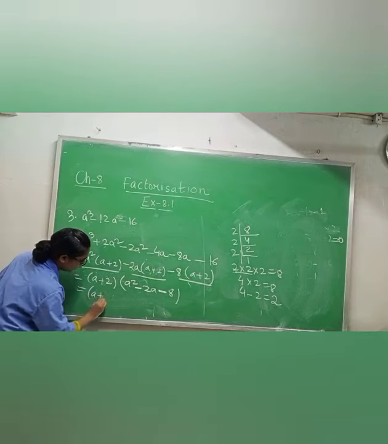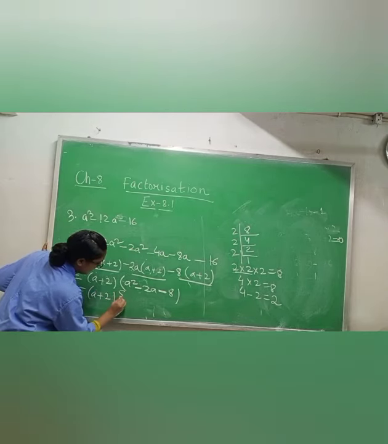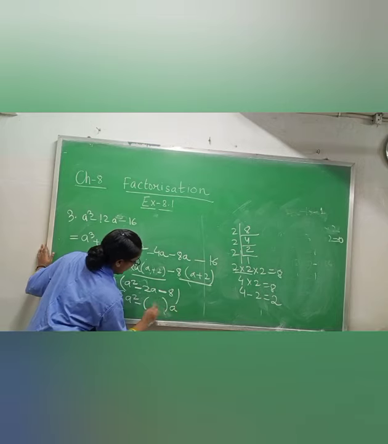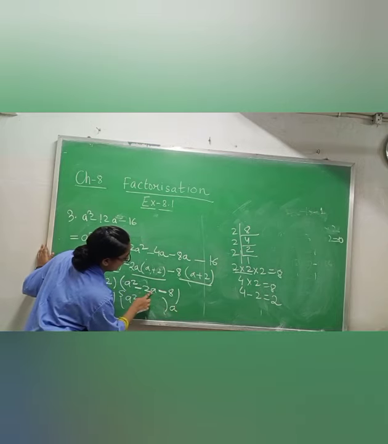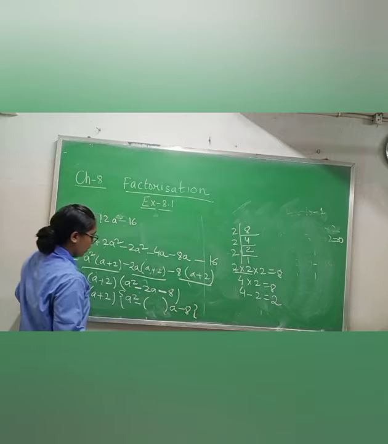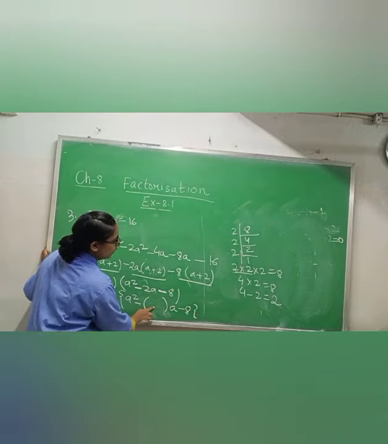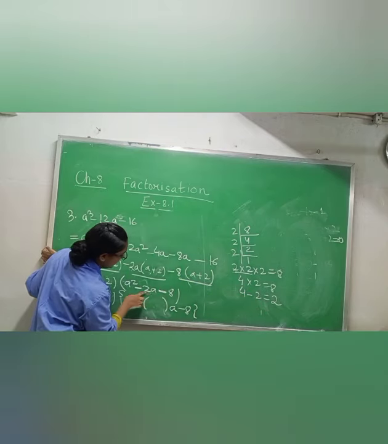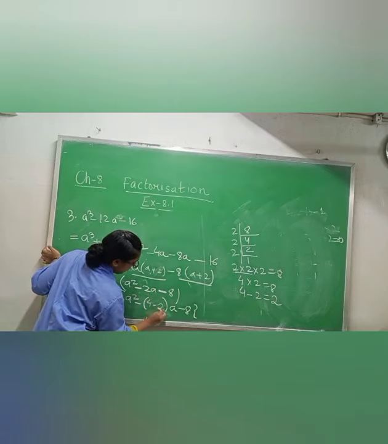So what you will do here, first you will write a square minus, then you will give the first bracket, then whatever variable you have you will write that one, then minus 8 you will write. Now in this what you will write? 4 minus 2, because after subtraction you are getting 2 and I need 2. So 4 minus 2, and which sign you will see?